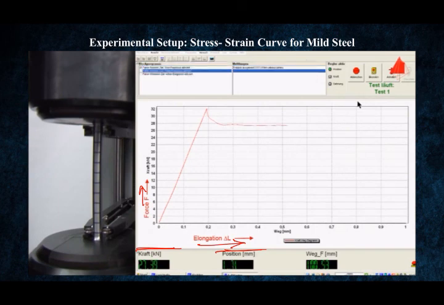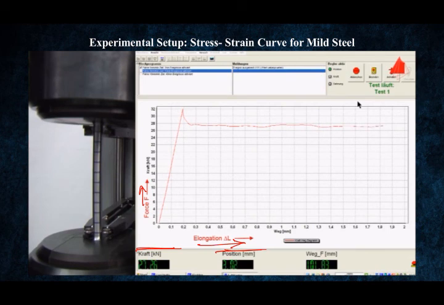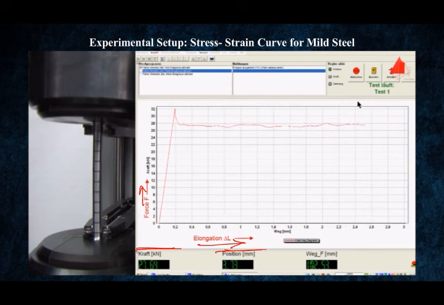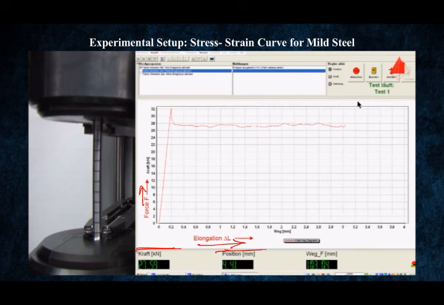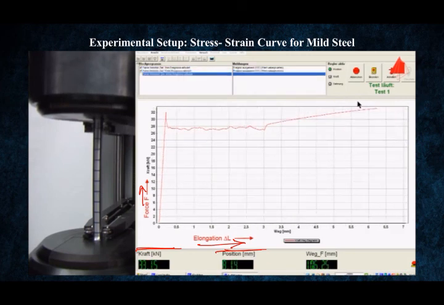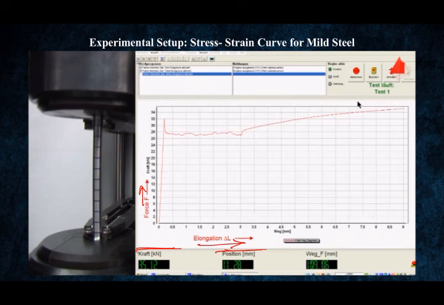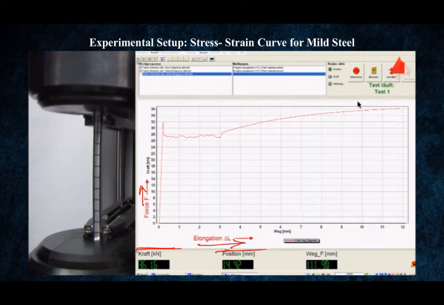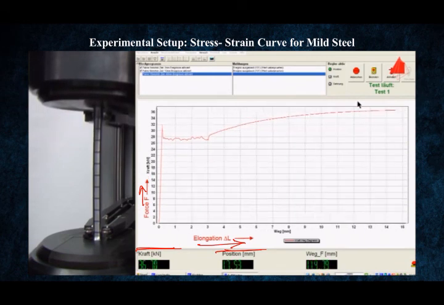You can see the curve has been generated. We cannot observe the tensile forces actually acting, but after it attains plasticity you can see the specimen getting stretched.